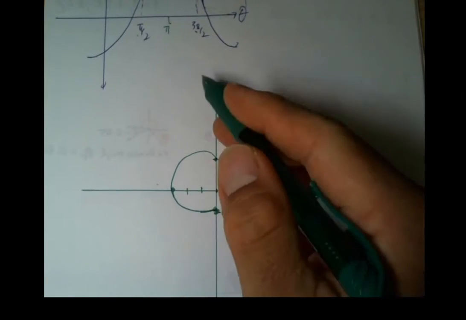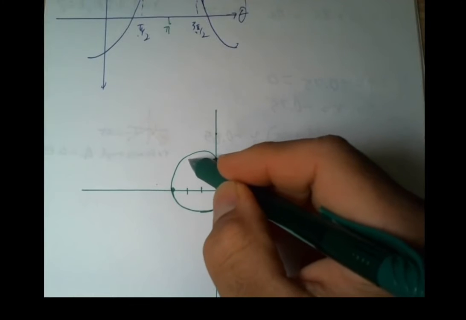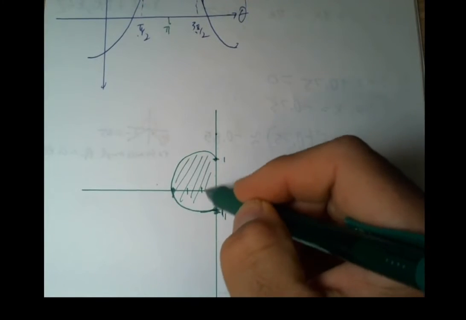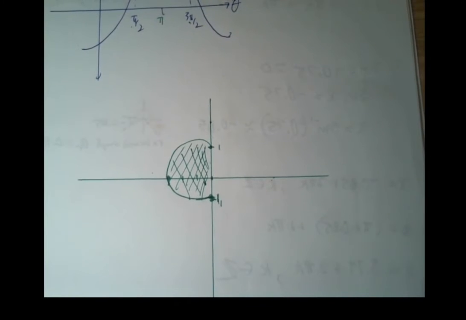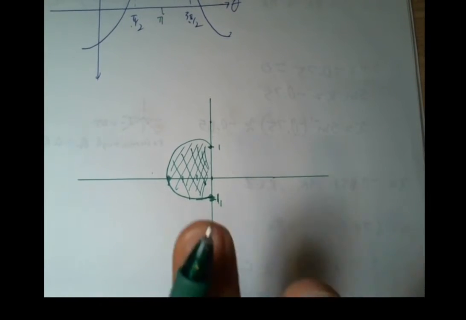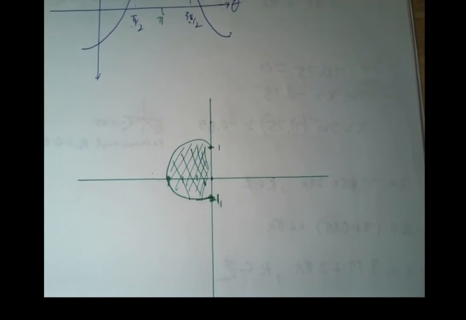Again, this includes all of the r values in between. Now this is a polar graph, where it's all in terms of the values of r and the angle theta.